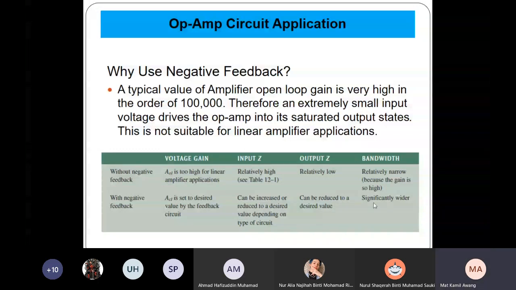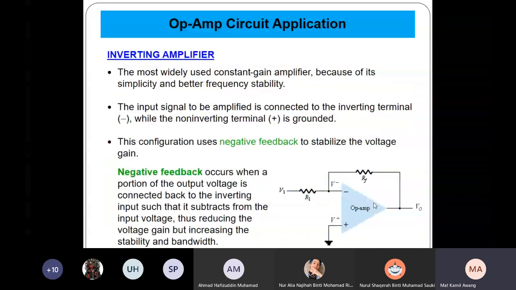So now we are going into the first OpAmp circuit application, which is the inverting amplifier. From its name, you know that the output is the inverse of the input. That's why it is inverting.